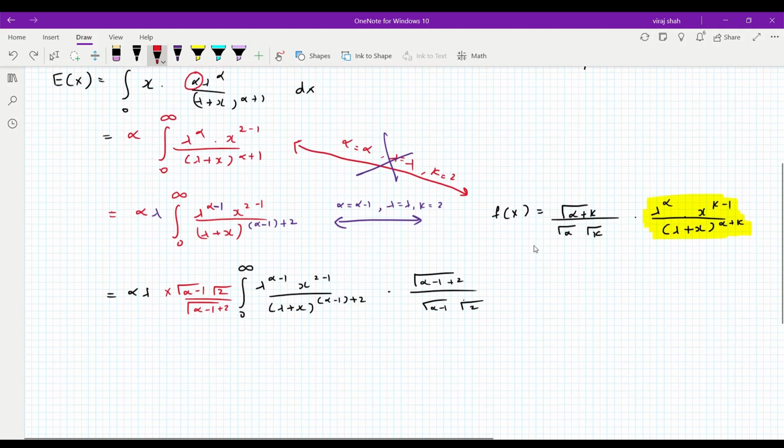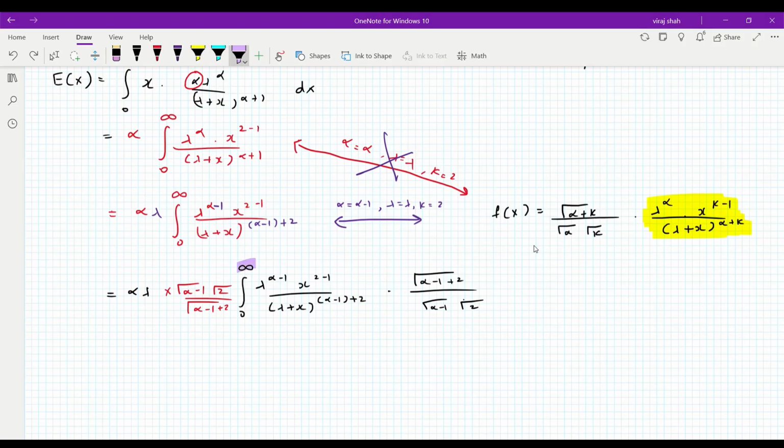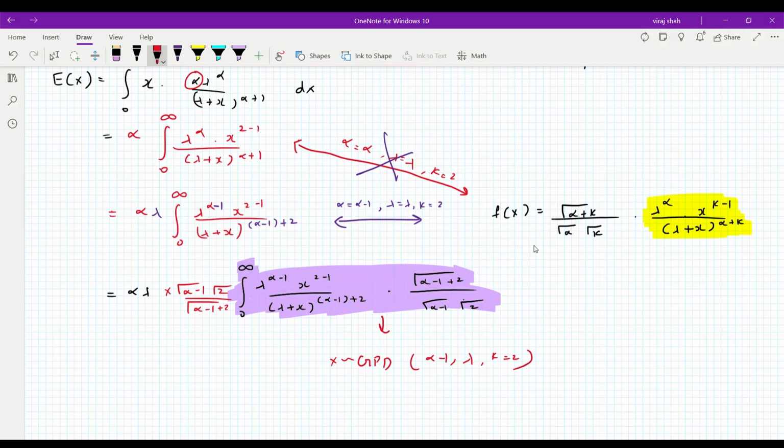Now, if you compare only this part, which I'm highlighting, this indicates your GPD, Generalized Pareto Distribution, with alpha minus 1, lambda, and k equal to 2, right?